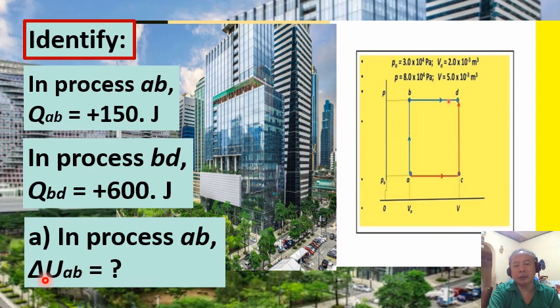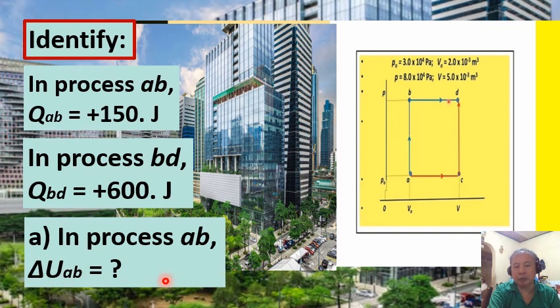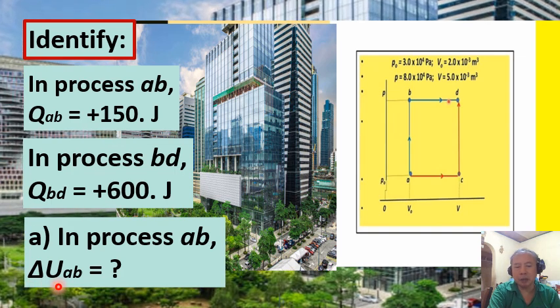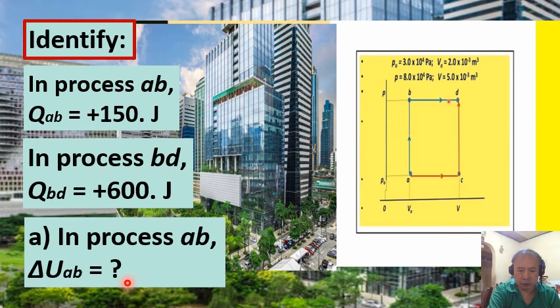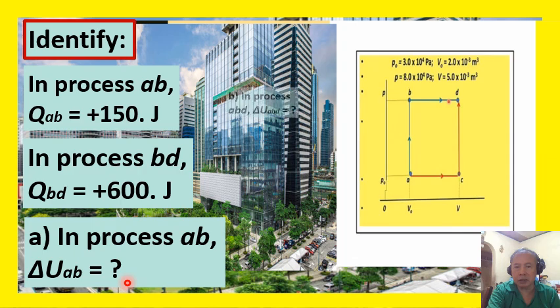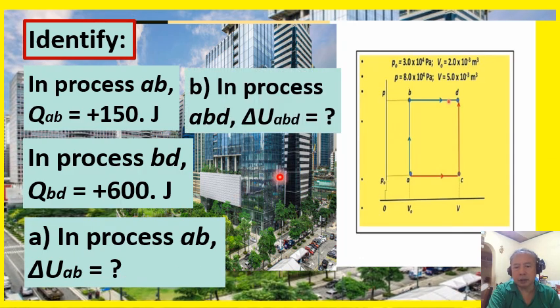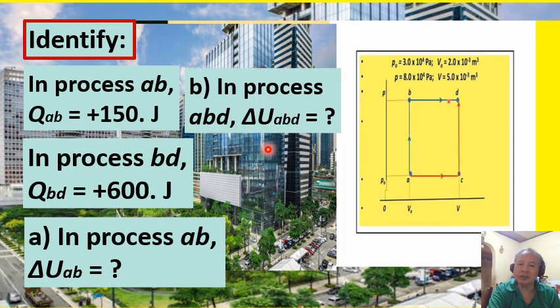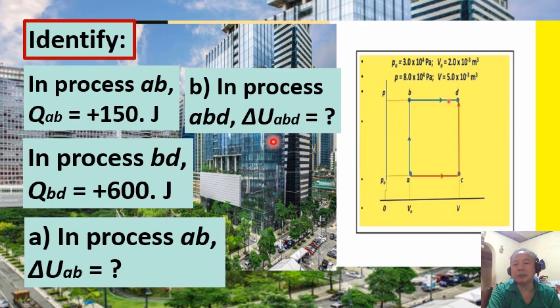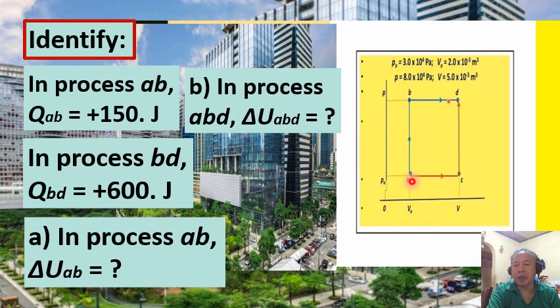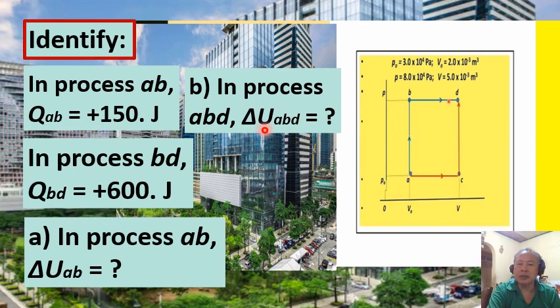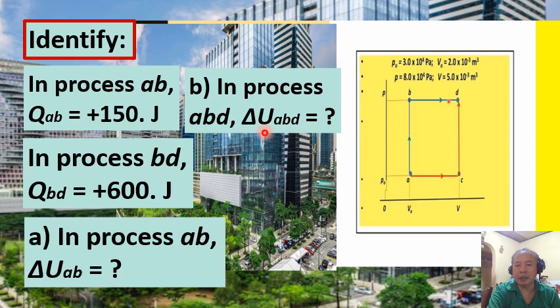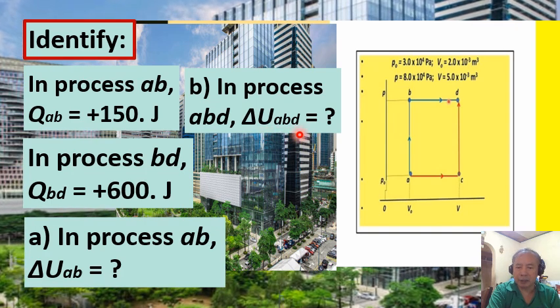Our target variables are, in part A, the change in the internal energy of the system along the path AB. So we denote that as delta capital U sub AB. And in letter B, our target variable is the change in the internal energy of the system along the path ABD, denoted by delta capital U sub ABD.